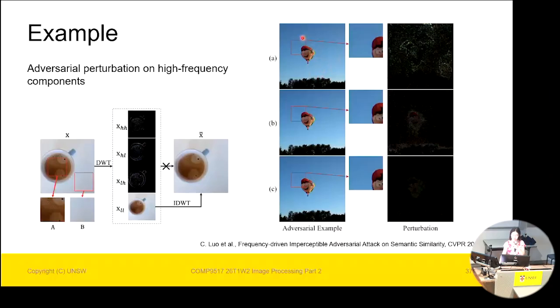But if you do these perturbations on the image, if you are a good attacker, then your objective is to make sure the perturbed image looks as similar to the original image as possible. You don't want to reveal that you are manipulating the image, right?